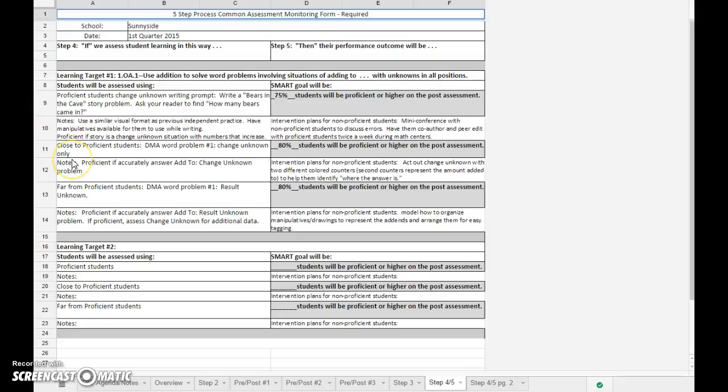Example, here it says students that were close to proficient, we're going to assess them by the DMA word problem number 1, change unknown only. 80% of students that were close to proficient, our goal will be now that 80% of the students will be proficient or higher on the post-assessment. Take some time to read through each one of the cohorts and the SMART goal.